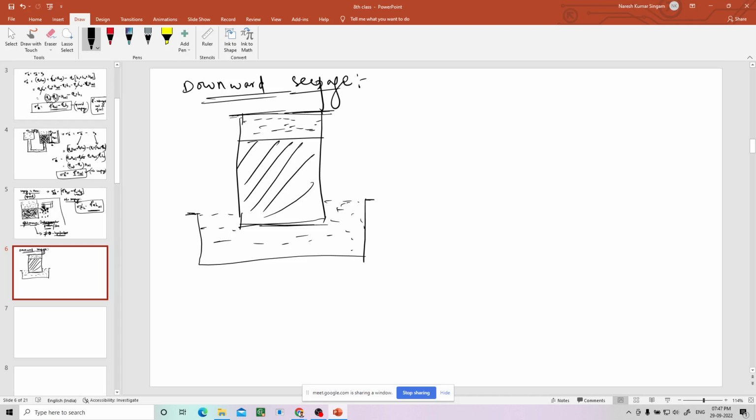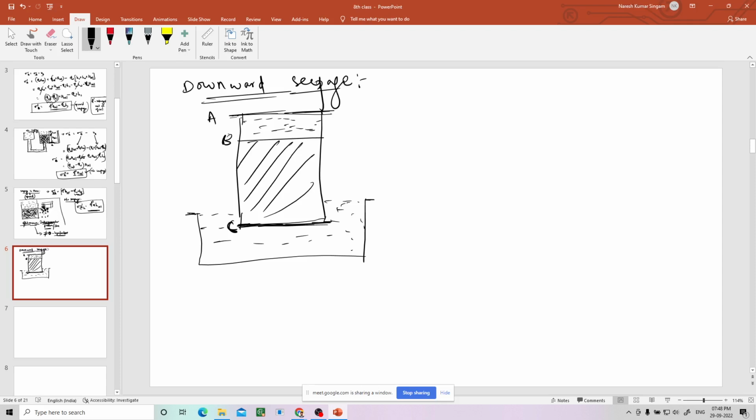Now can you tell me, suppose this is A, this is B, this is C. Now can you tell me what is the direction of the seepage? First of all, does seepage happen? Yes, sir.